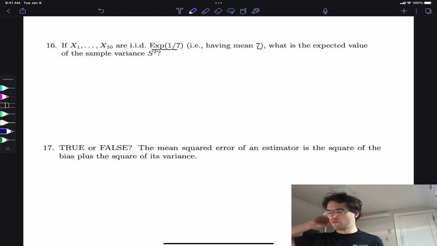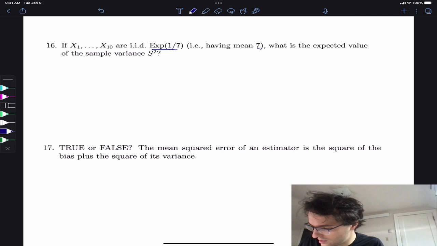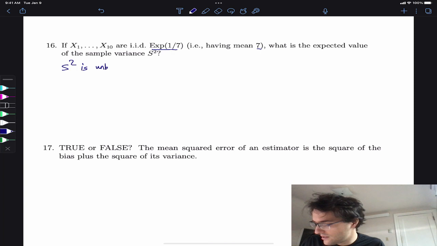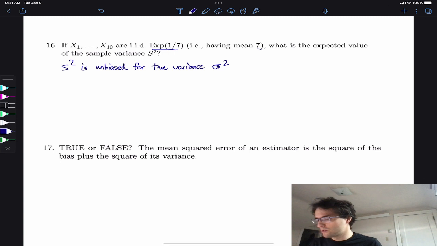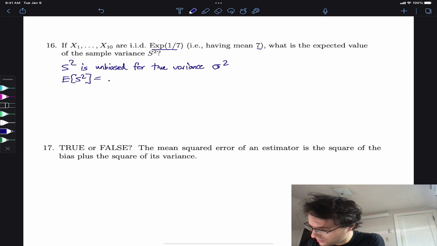So recall that the sample variance, which is S squared, is unbiased for the true variance, which is, let's call it sigma squared. What this means is that the expected value of S squared is equal to sigma squared.